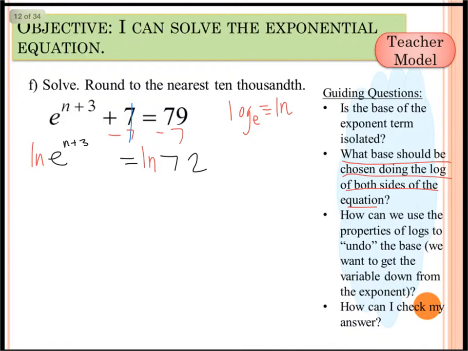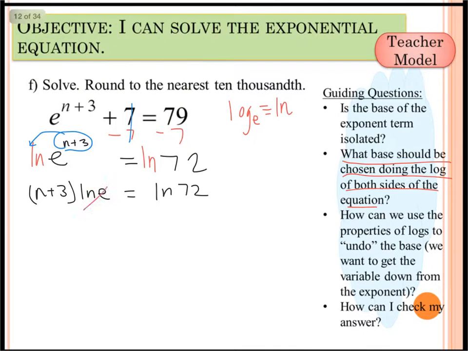And then I'm going to rewrite this. I'm going to use the properties of logs also, so I'm going to kind of bring that down at the same time as I'm rewriting this. So n plus 3 times ln of e is going to be equal to ln of 72. So the next thing that we want to do is simplify anything that we can.